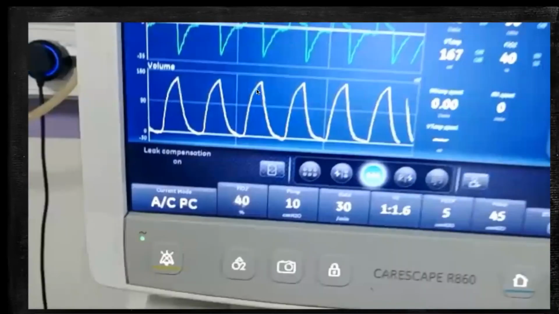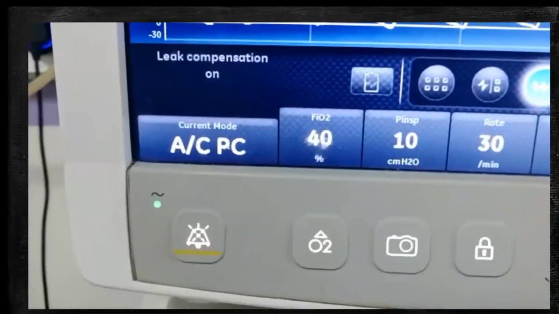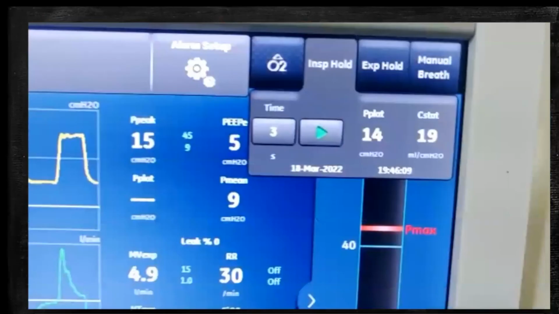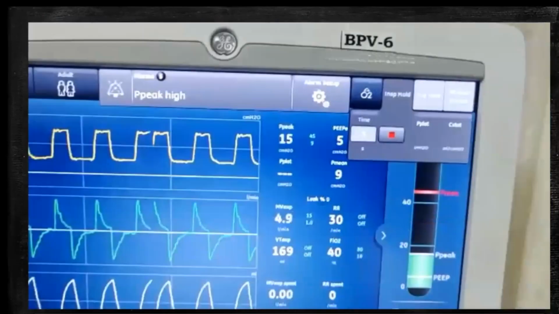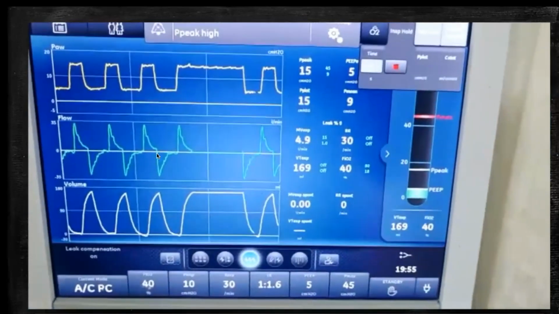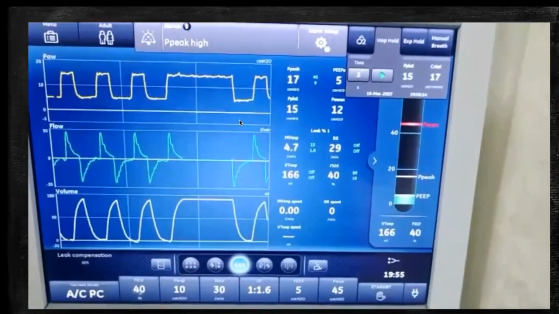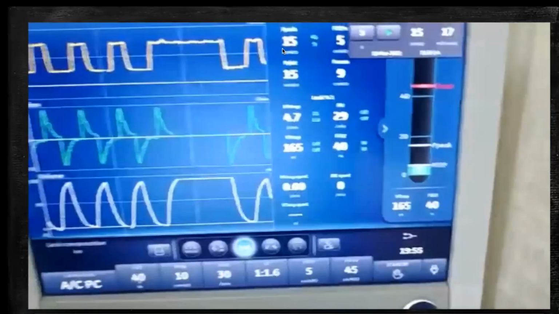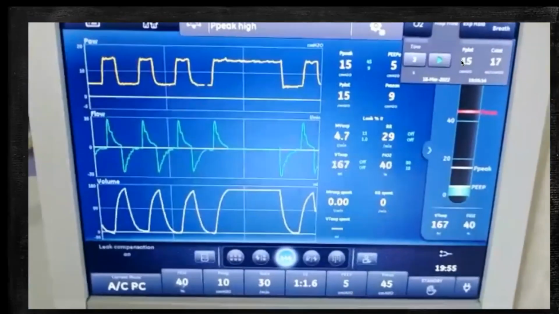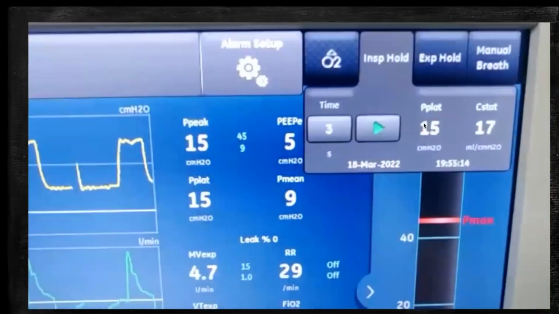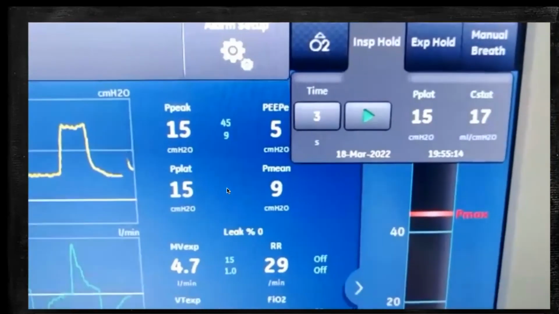There is a decelerating flow with sufficient inspiratory time, and we apply inspiratory hold just like in volume control mode for 3 seconds. We have good flow touching the baseline and then expiration starting, so good pause time. Here we can see the Plateau pressure has come to 15, so we have a peak pressure of 15 and a Plateau pressure of 15, and the flow is touching the baseline.